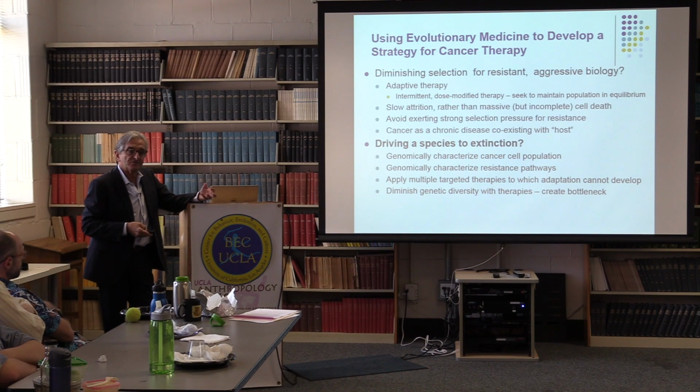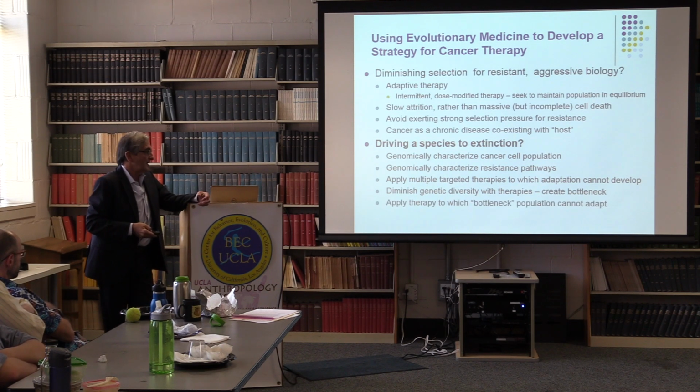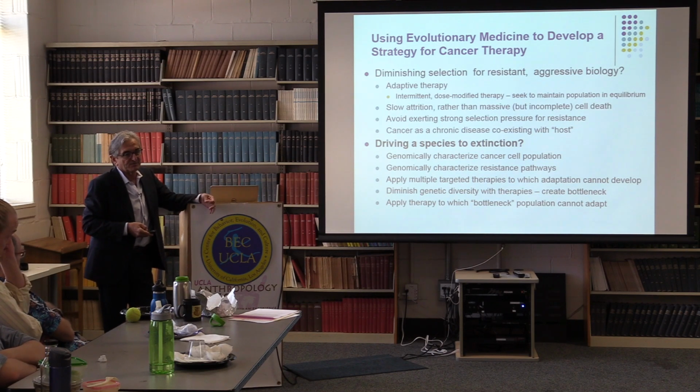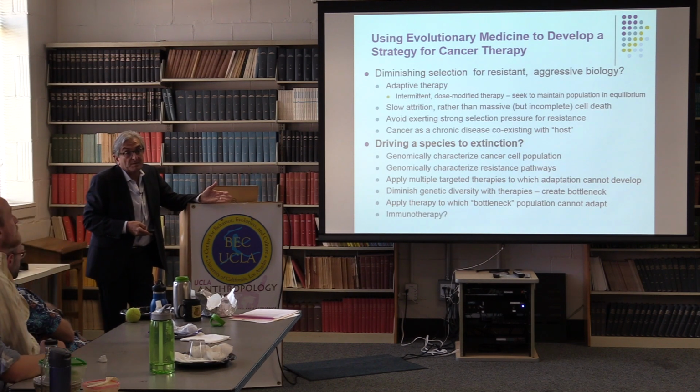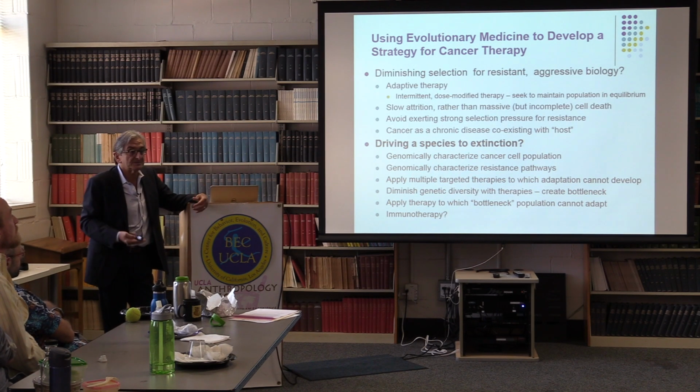Even if you can't kill every last cell, if you get down to a population bottleneck, perhaps that is a less genomically diverse, less adaptable population that you can then go after, perhaps with immunotherapy. Maybe that is the place for the immune system, where the odds are really stacked in favor of the immune cell population against the small population of cancer cells.